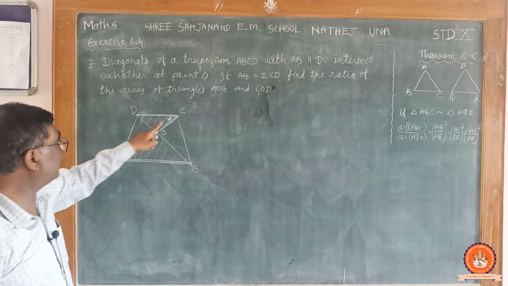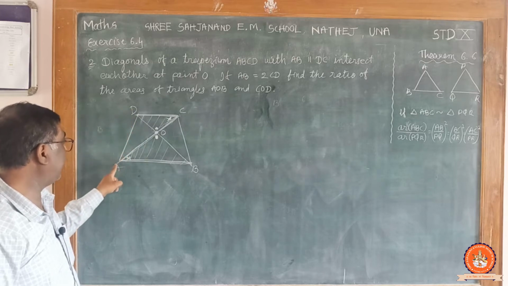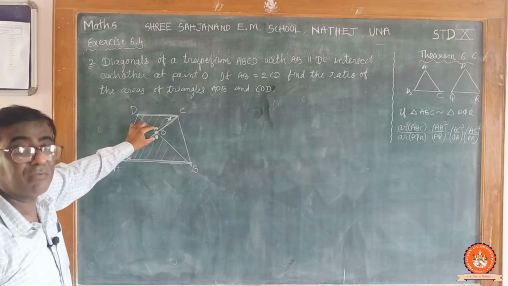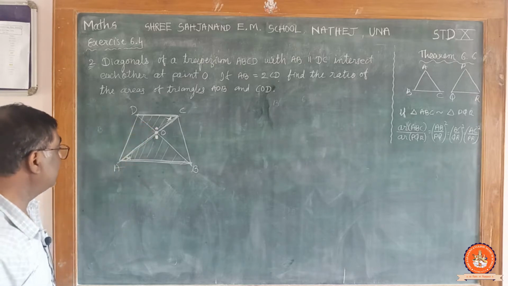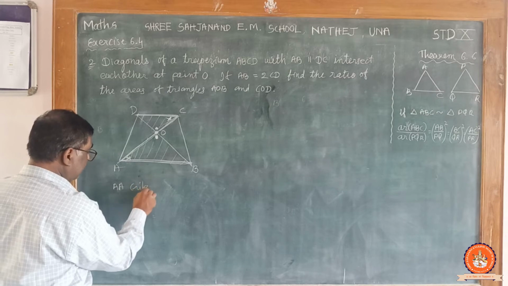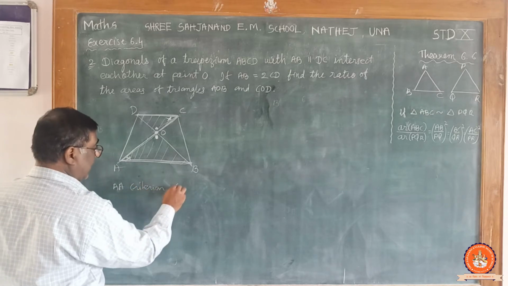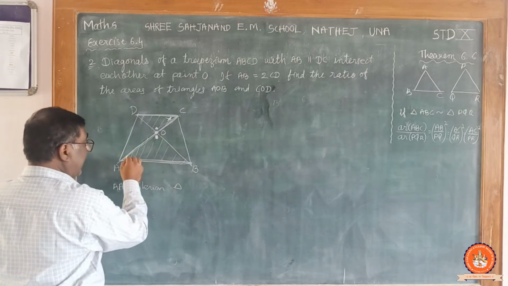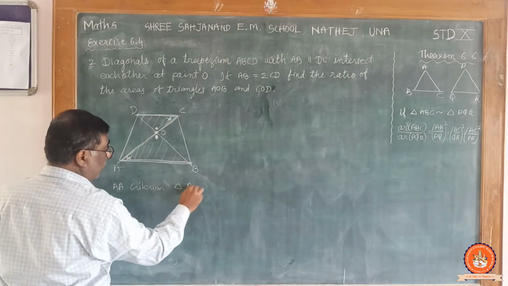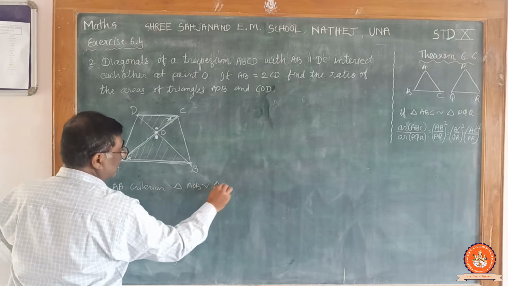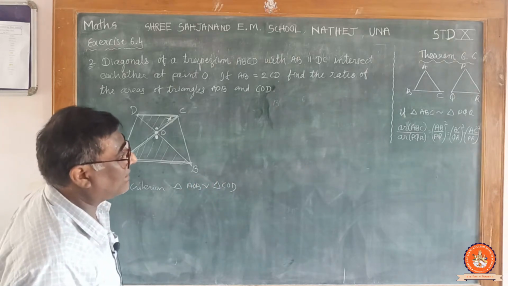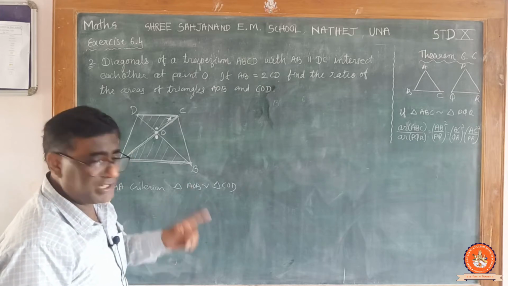Okay, angle COD and angle AOB, these two angles are equal because they are vertically opposite angles. So by AA criterion, you can prove that triangle AOB, see, A corresponds to C and B corresponds to D, so triangle AOB is similar to triangle COD.